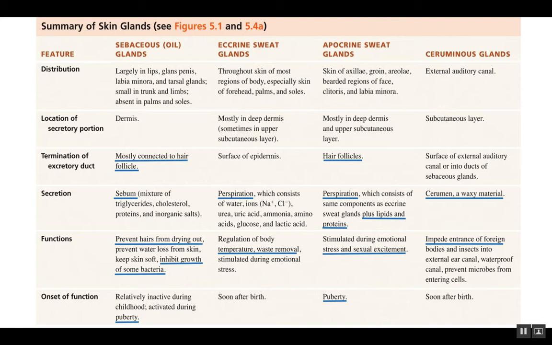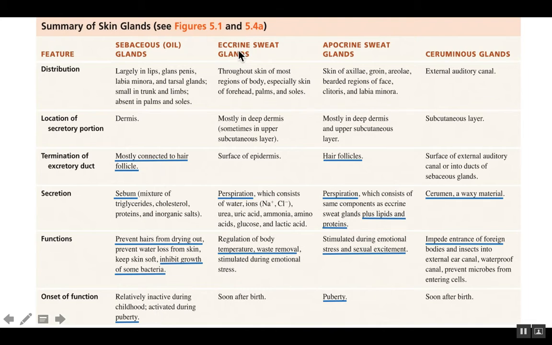So as the hair grows up through the follicle, that oil follows it up so that hair maintains its oily texture. These glands are often not particularly active early on in life and childhood, but they are activated more at puberty.